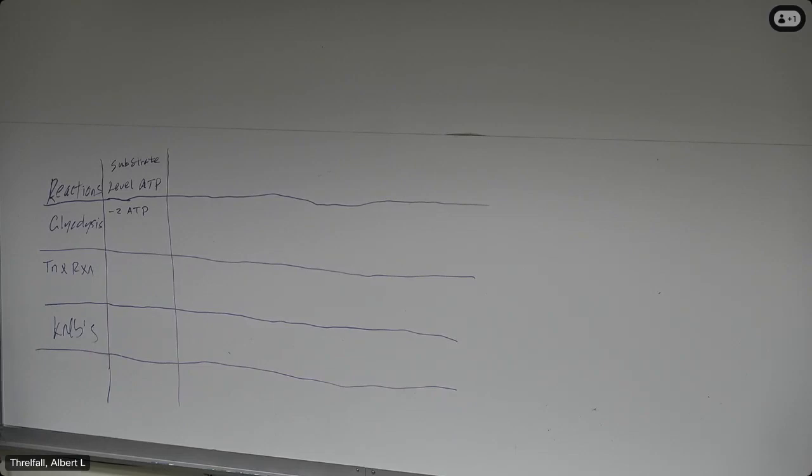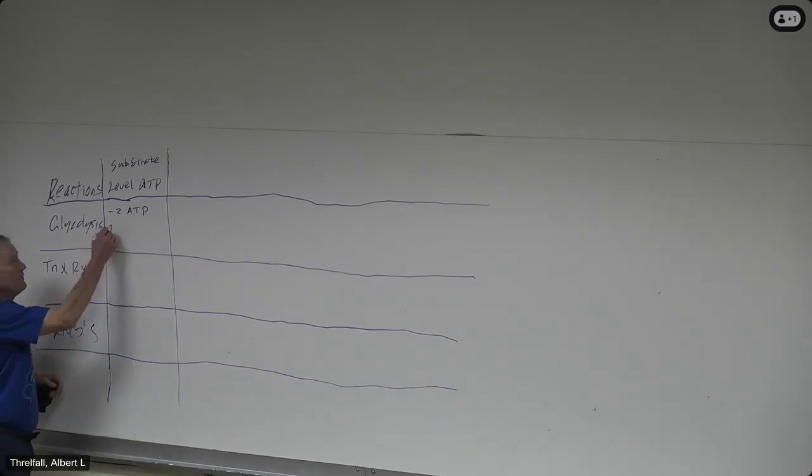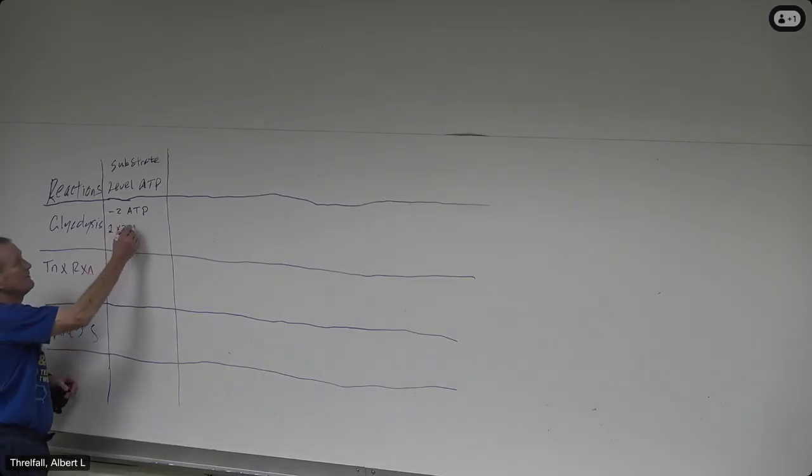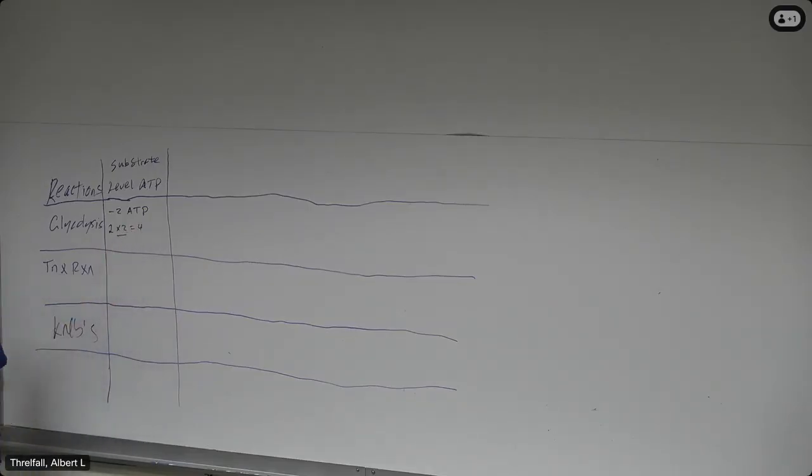But how many is it per pathway? 2. So it's 2. How many pathways are there right there? So 2 times 2 equals 4. The times 2 means there are 2 pathways running. So what's our net right here if we spent 2 and we made 4? 2.